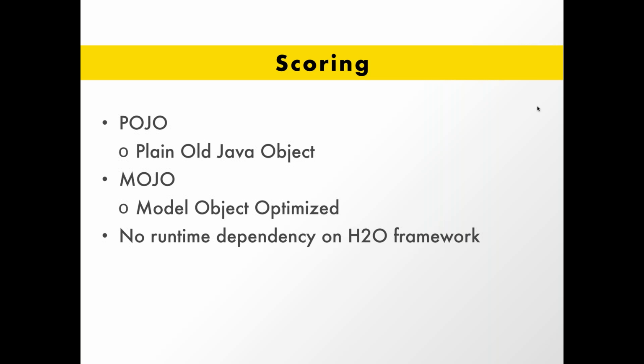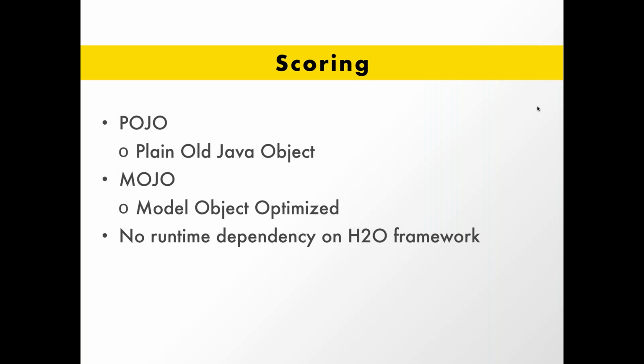The second and third ones are POJO and MOJO. POJO is a shortcut for plain old Java object. Basically what we do is we export Java code representing that model. And what we need is just a small library called h2o-genmodel, which contains helper functions which we can use for predictions.